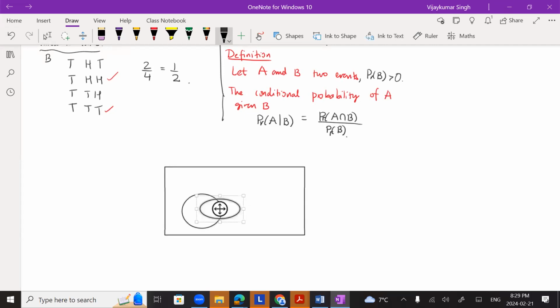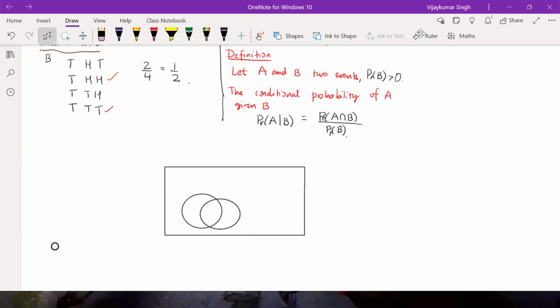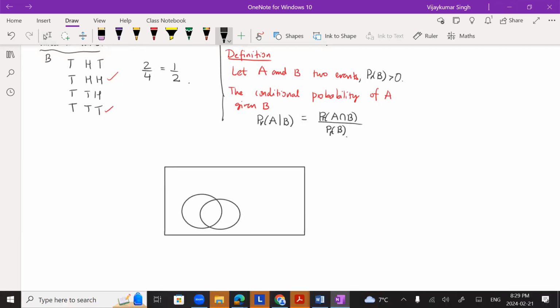So suppose I have set A and set B. Now B has already happened, all right?